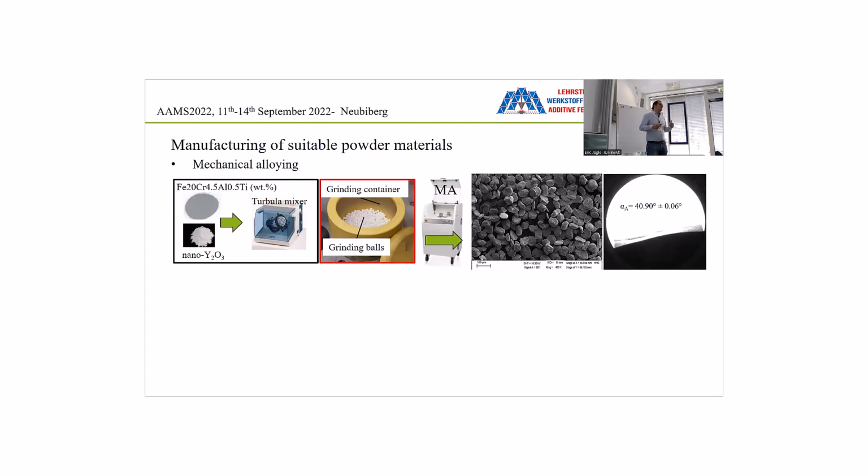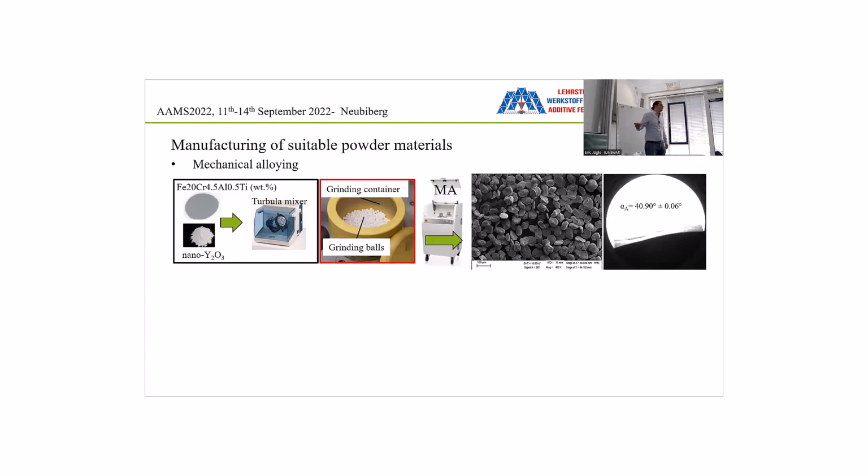Why yttrium oxide? It's said to be one of the most stable oxides, just from thermodynamic considerations, and it is also the most researched oxide used in oxide dispersion strengthened steels. So you do the mechanical alloying and you get some powder which looks a little like this. I call it gravel-like structures.